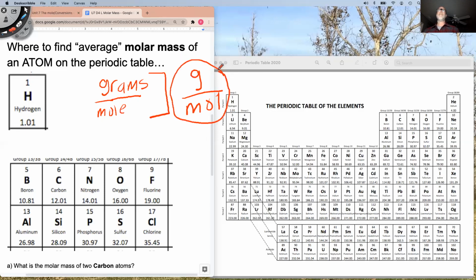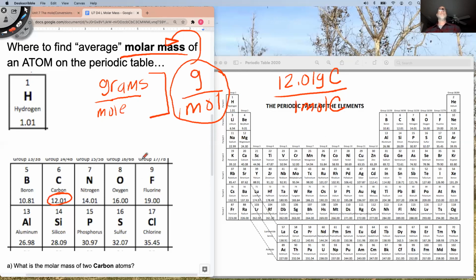So this is the abbreviation for grams per mole, and that is the unit for molar mass. It's kind of like, Mr. Pepper, what's the unit for weight? Well, in America, we would say pounds, right? But this is the mass for every 1 mole. So for example, carbon has a molar mass of 12.01 grams for every 1 mole. 12.01 grams of carbon for every 1 mole of carbon, because we're talking about carbon.